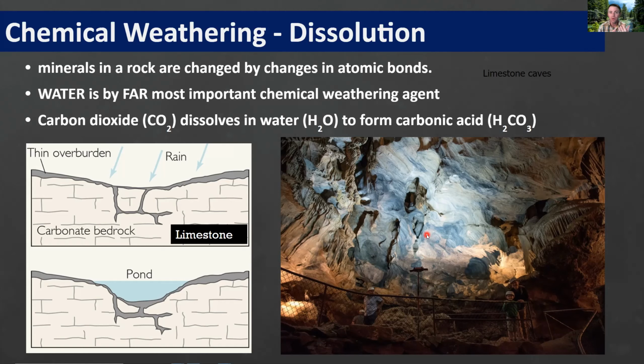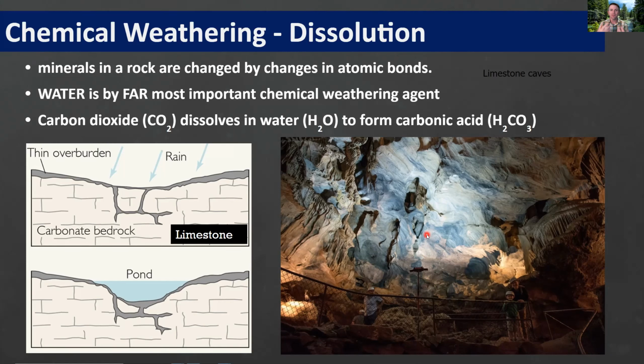When rain falls through the atmosphere, it picks up a little bit of carbon dioxide that naturally exists, and it can make it acidic. It's called carbonic acid. So it makes the rainwater slightly acidic with carbonic acid. It's the same thing that makes your sodas fizz, but your sodas are thousands of times more acidic than rainwater.